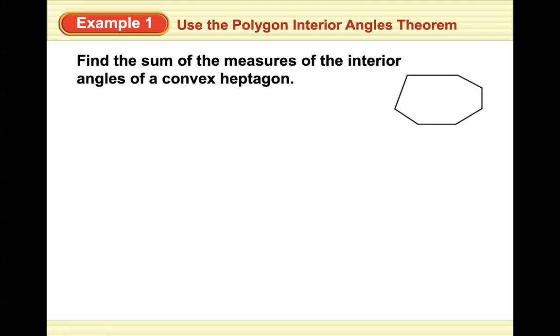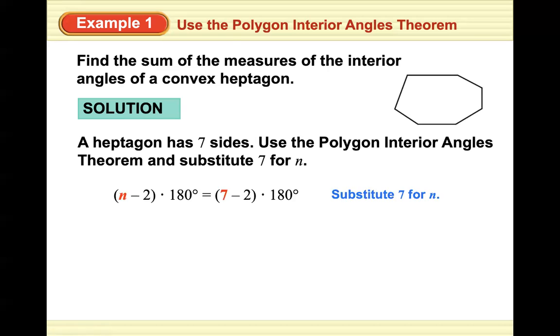And we learned that to find the sum of the interior angles of a polygon, we need to subtract 2 from the number of sides the polygon has, and we multiply that by 180, and then that gives us the degrees. So, for example, a 7-sided figure would have 900 degrees in the sum of the interior angles. Okay.